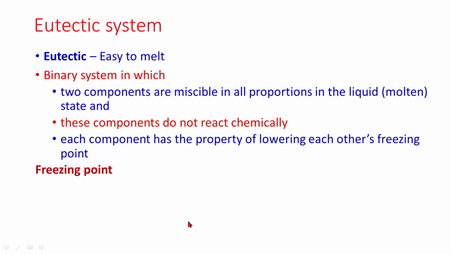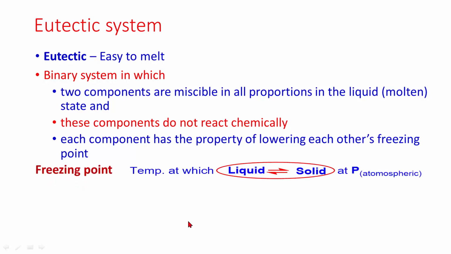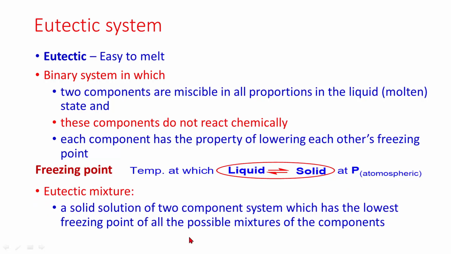What is freezing point? It is the temperature at which there is equilibrium between liquid and solid state at atmospheric pressure. Eutectic mixture is a solid solution of two component system which has the lowest freezing point of all the possible mixtures of the components.